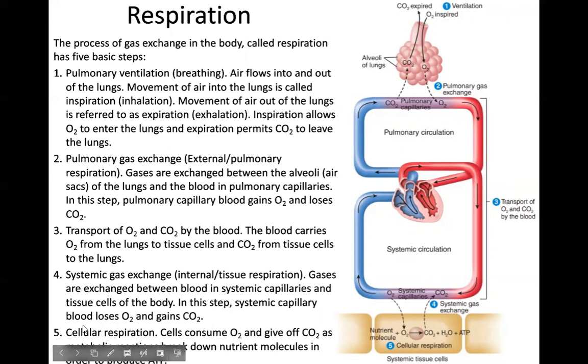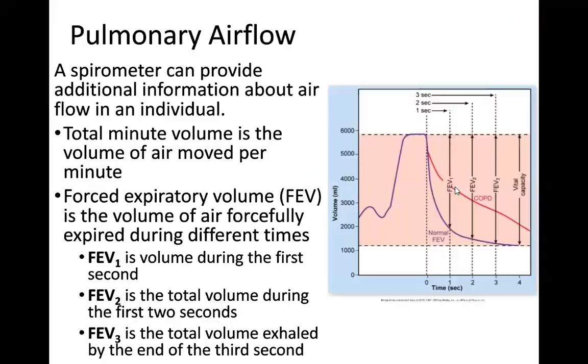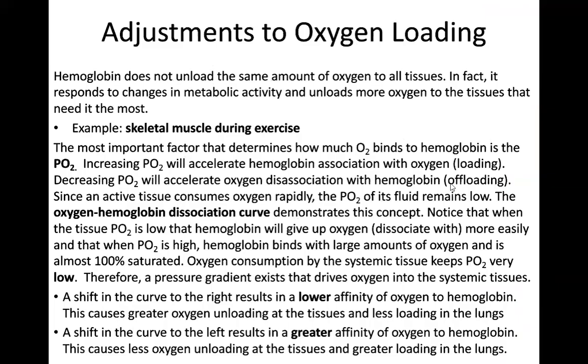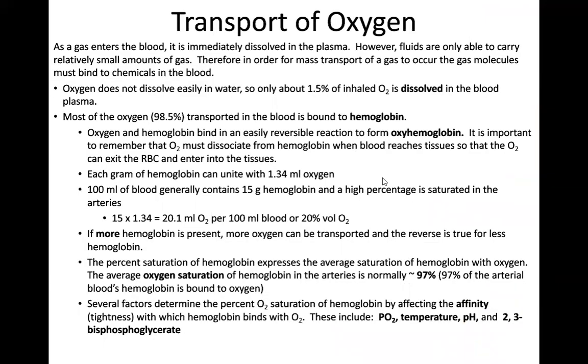Cellular respiration, number 5, is going to be a separate lecture, which means we've got number 3 to talk about, and that will wrap us up with learning about respiration: transporting our O2 and CO2 in the blood. We'll start with transporting O2, and then we'll talk about transporting CO2.